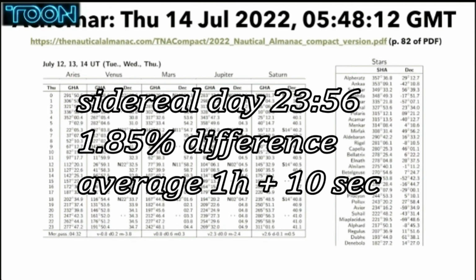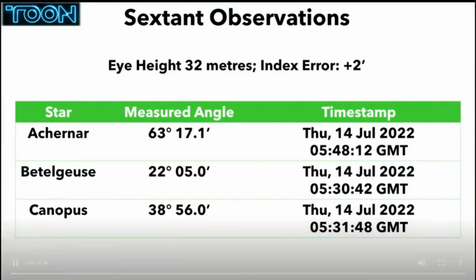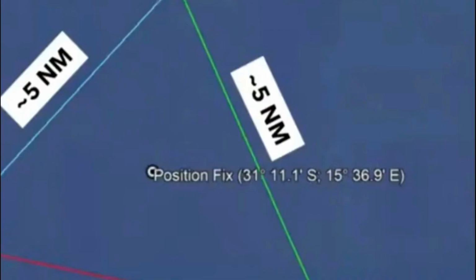Let's check the data. If the stars and the sun and the moon go like 15 degrees an hour, I think you made a mistake. Okay, so here is my set of observations. Okay, you took those observations from this location, 31st latitude south and the 15th longitude east.